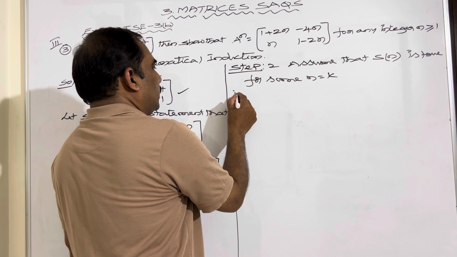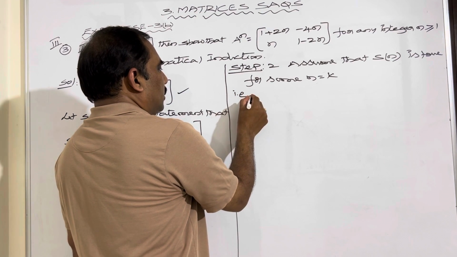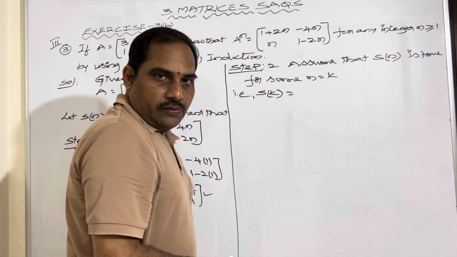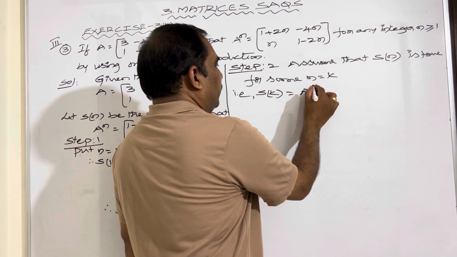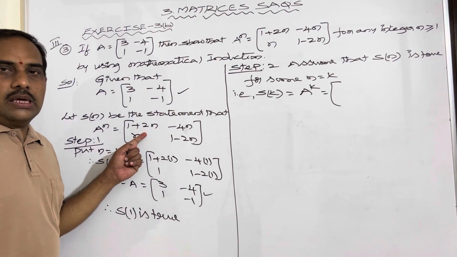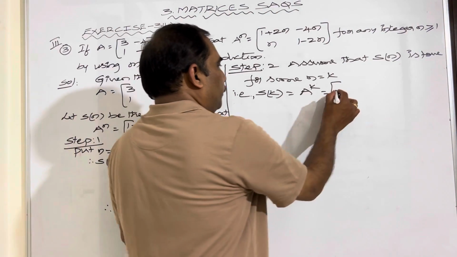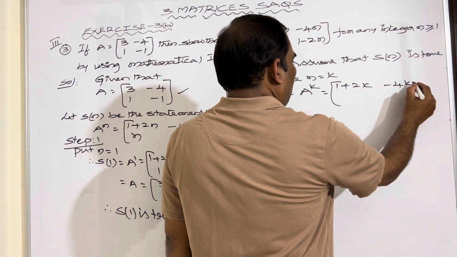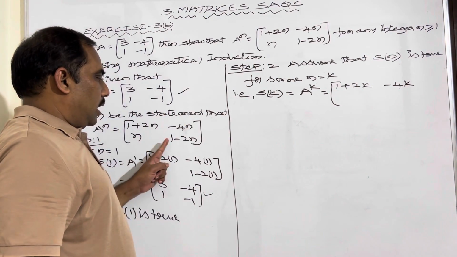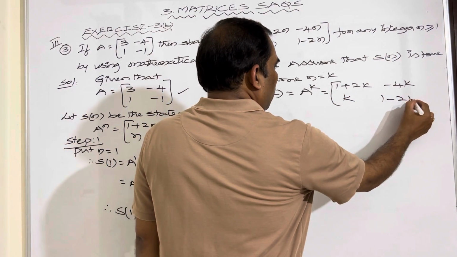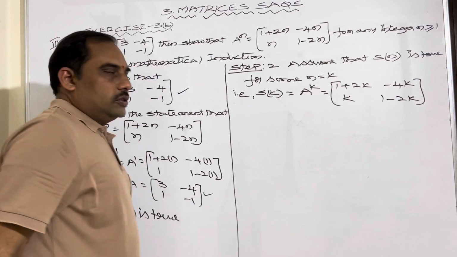So now S of k is equal to A to the power of k, n replaced by k, that is [[1+2k, -4k],[k, 1-2k]]. See here, this is the S of k.